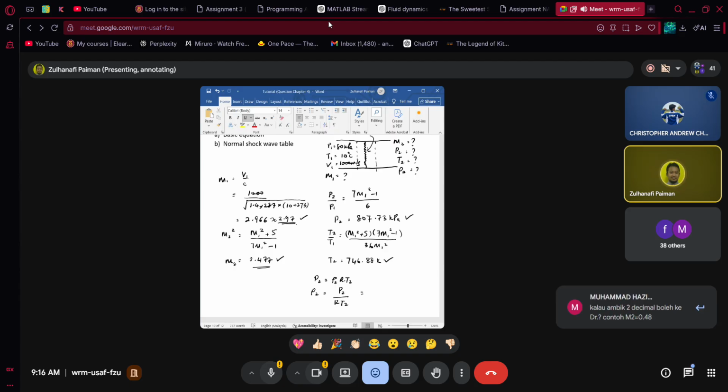We just substitute all the values and we get density is about 3.768 kilogram per meter cubed. So this is the answer. So you can cross check your answer.